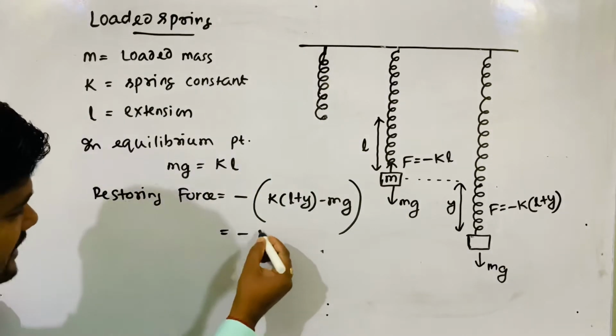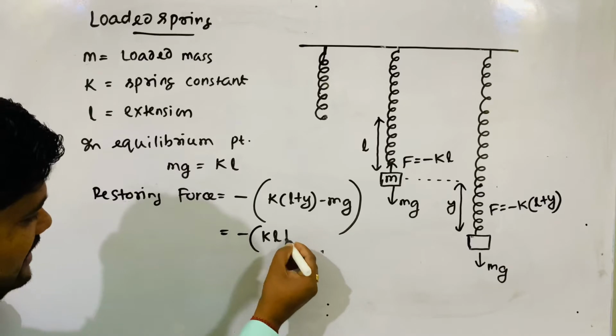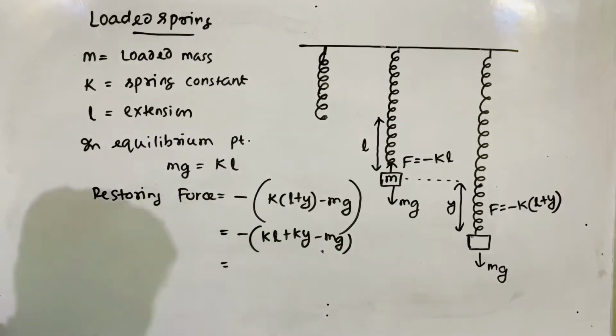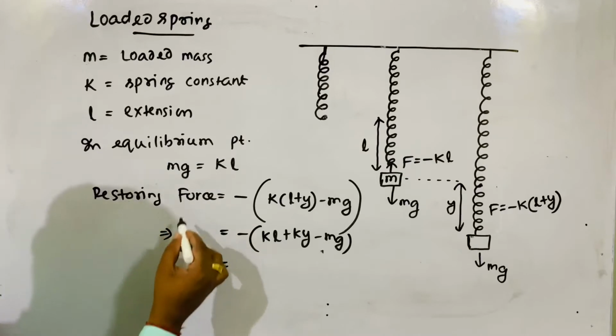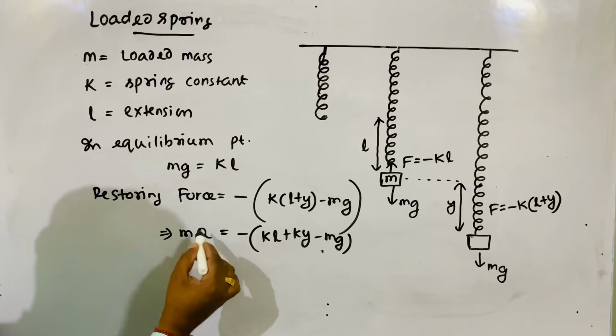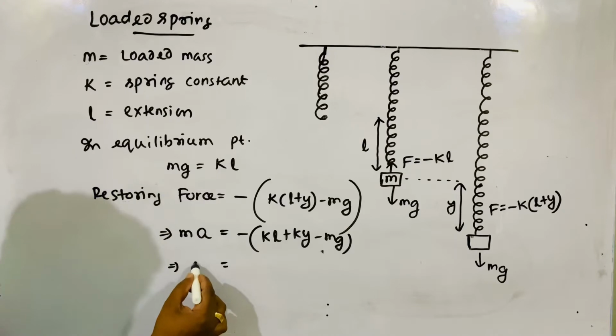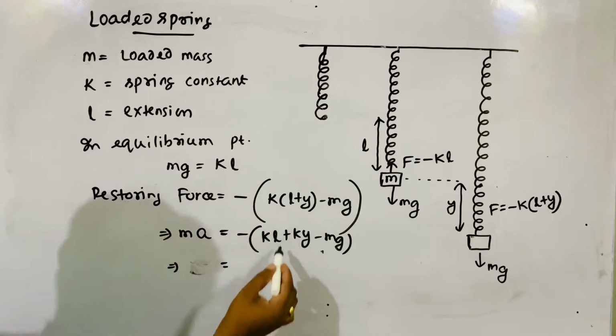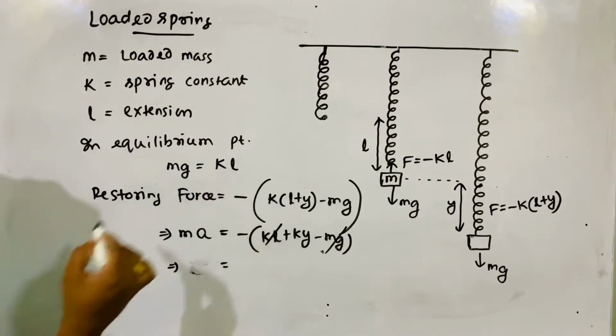So minus this is kL plus ky minus mg. This is force, but in place of force, we can replace it with mass into acceleration. But here mg is equal to kL, so kL and mg cancel.